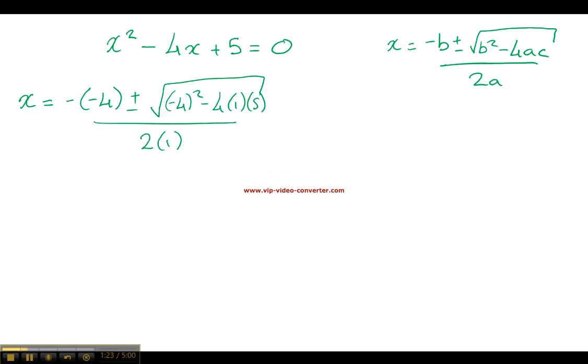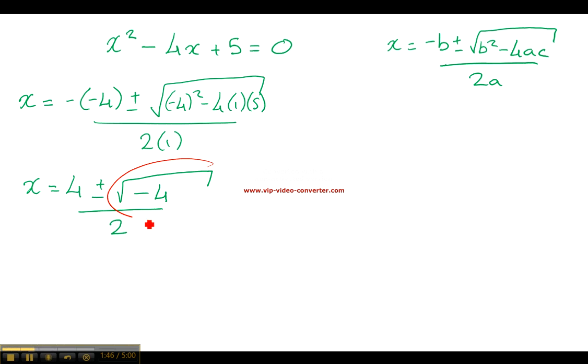What does that simplify down to? Well, we can get x equal to 4 plus or minus, I believe, the square root of minus 4 all over 2. And it's this idea here that I'm going to highlight.